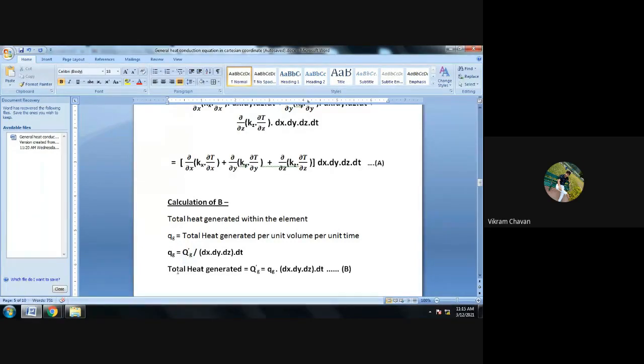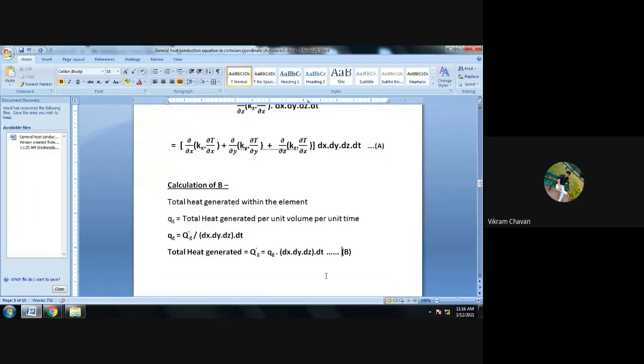So total heat generated, capital Q dash suffix g, is equal to small q suffix g multiply by dx multiply by dy multiply by dz, bracket complete, multiply by dt, which is the part B of the equation. So part B we have calculated.